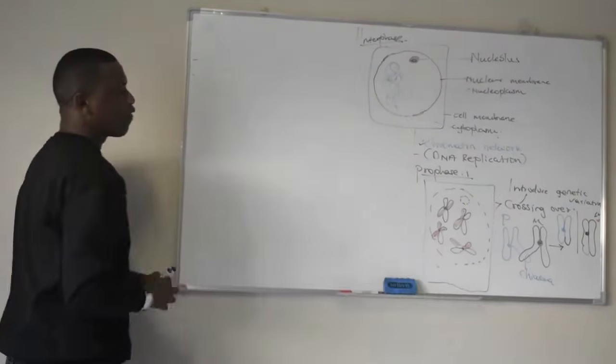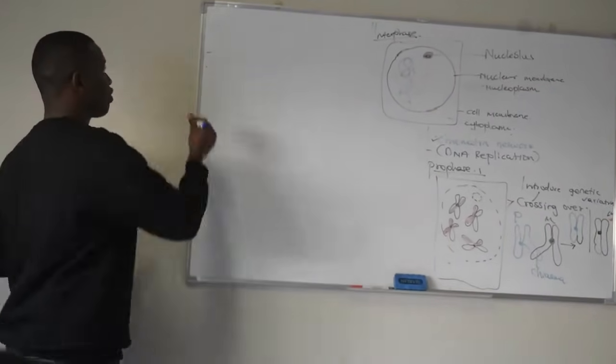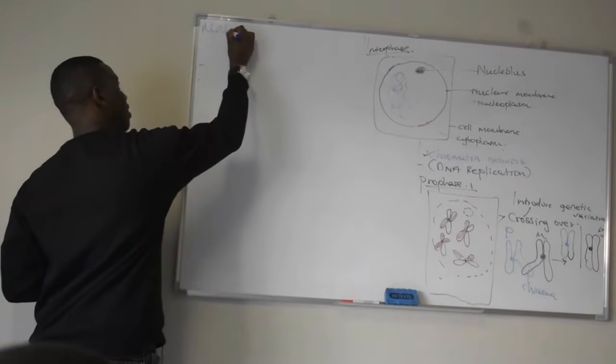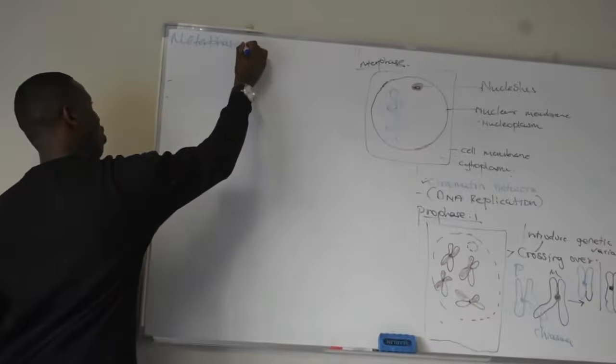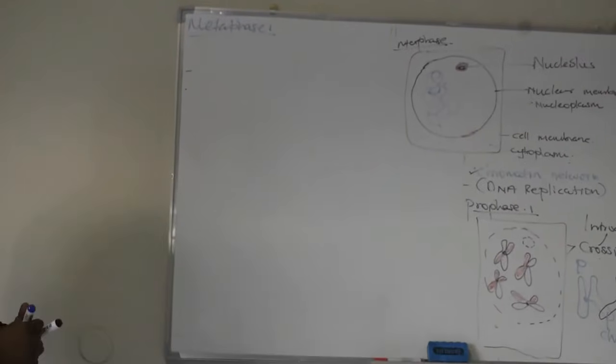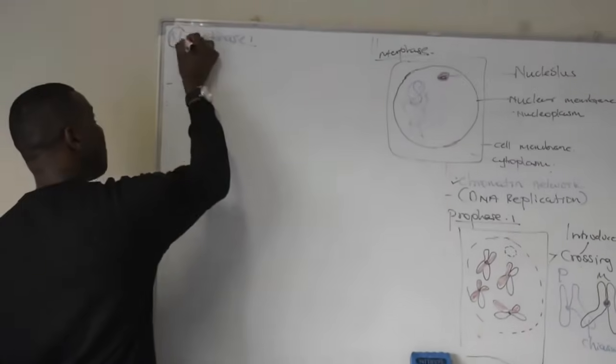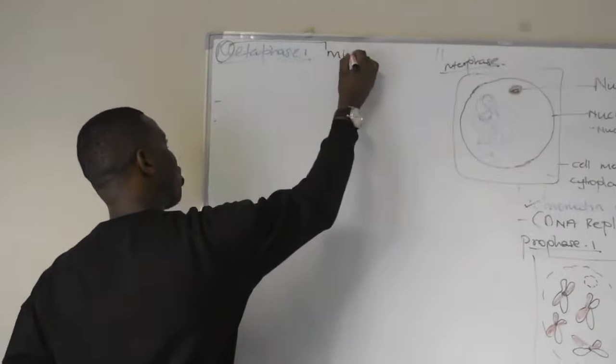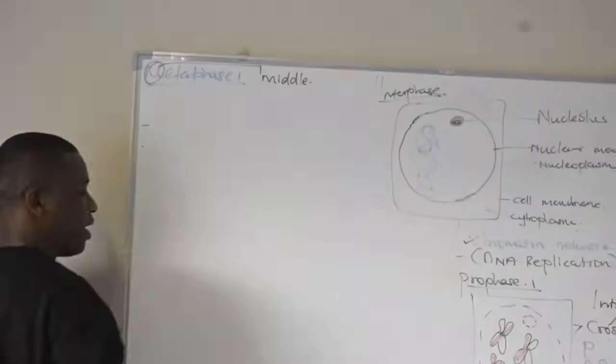So we're now moving from prophase 1 to metaphase 1. Now, when we say metaphase 1, this M tells us that the chromosomes will be lying along the middle. Right?